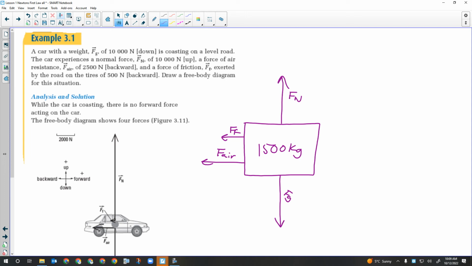Now, if you remember, yesterday we talked about this idea of net force, and it can be calculated in two ways. Mass times acceleration, which you can't do because I don't know the mass and I don't know the acceleration, or the vector sum of all forces.